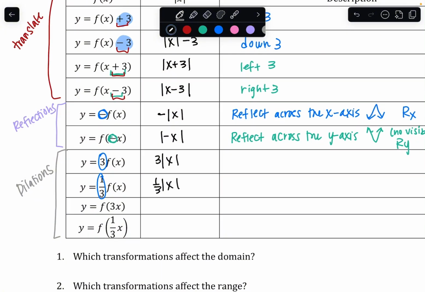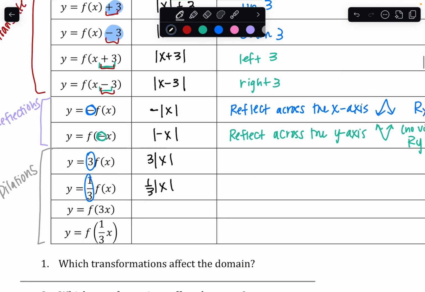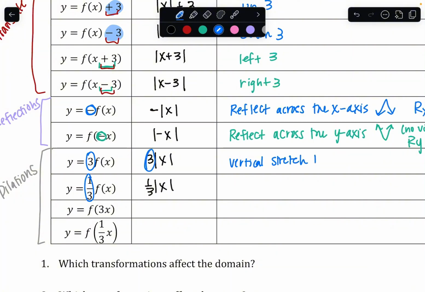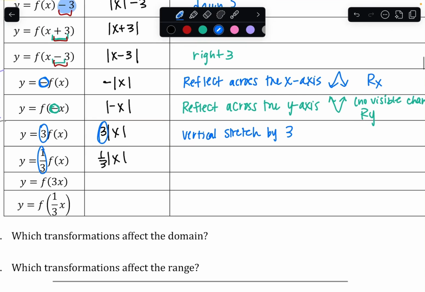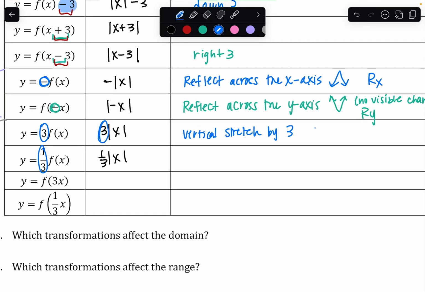If your value is greater than 1, we call it a vertical stretch. And whatever this number is, that's your scale factor. So by a scale factor of 3, sometimes we just say vertical stretch by 3. And then if you want to abbreviate that even further, you can say VS3.